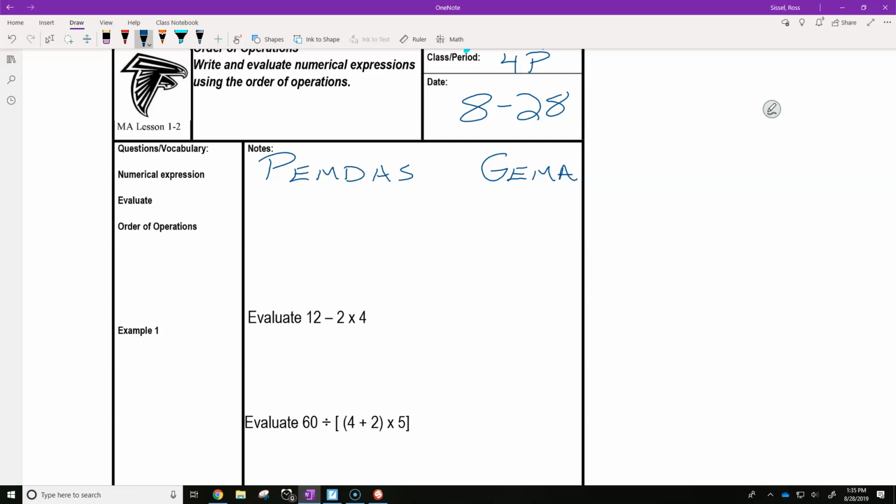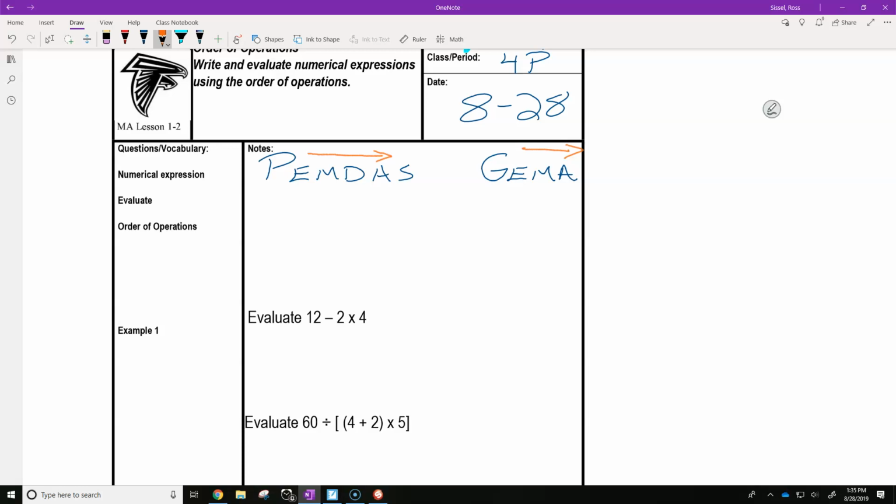I don't care which one you use to help you, because you're going to see in a second how they mean the same thing. The most important thing is we work just like we read. We look left to right. And you'll see what I mean in a second as we practice.